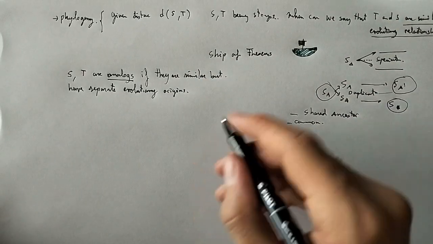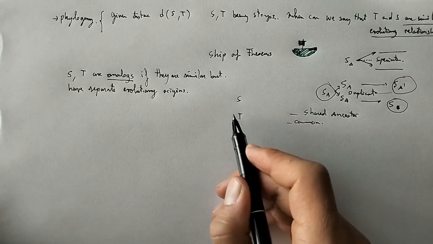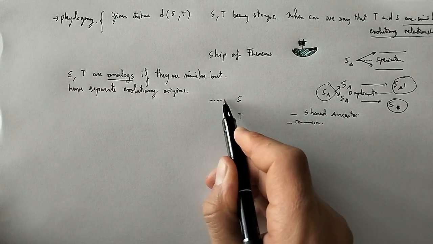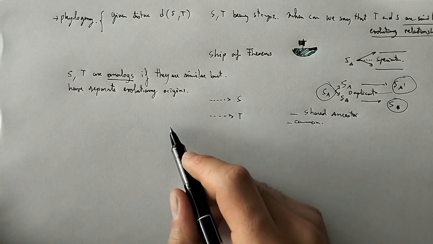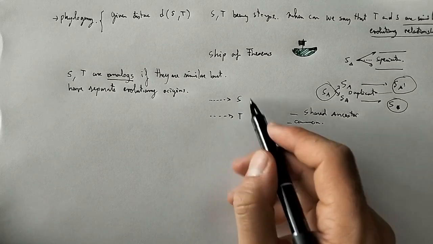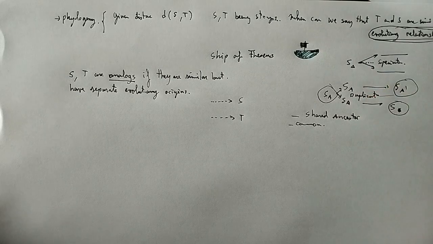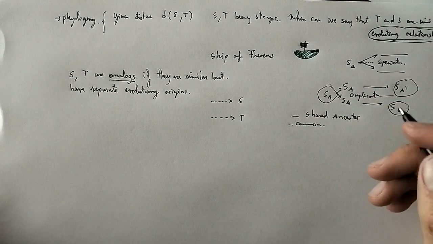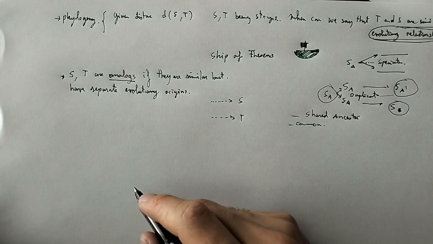So let's imagine that we have S, we have T here. They are similar, they look similar, but they don't have a common ancestor. It means that the similarity is not due to an evolutionary relationship, but it's just due to randomness. Okay.